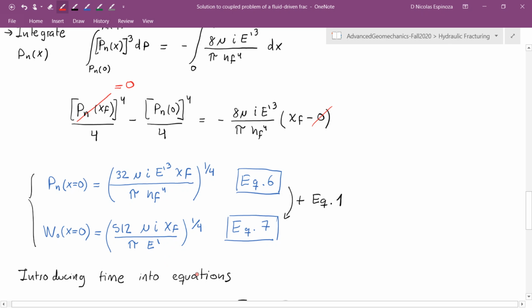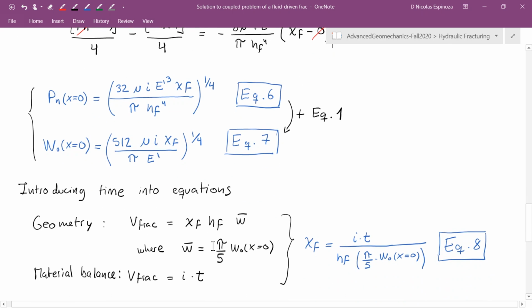So in order to put time into the picture, I'm going to use the equations of material balance. We're going to recognize that the volume of the fracture is a function of the fluid which is within the fracture. On one side, the volume of the fracture can be written as the fracture half length times the fracture height times the average width, right?